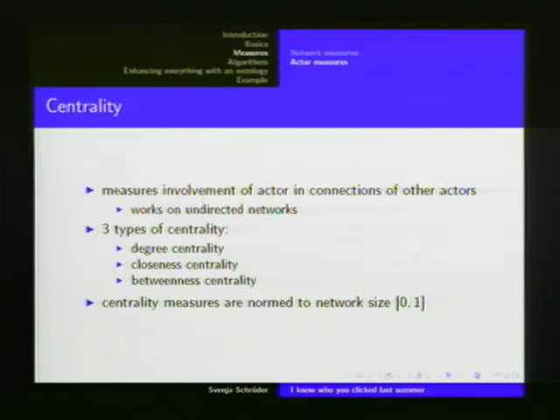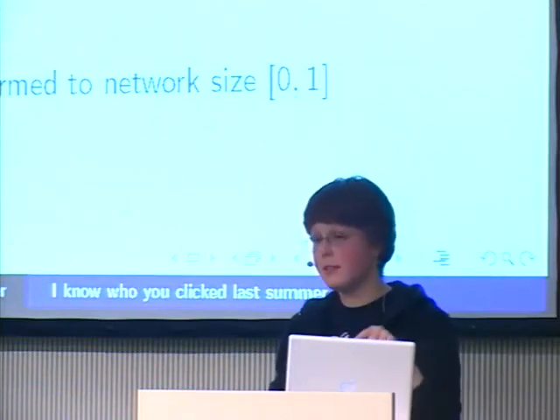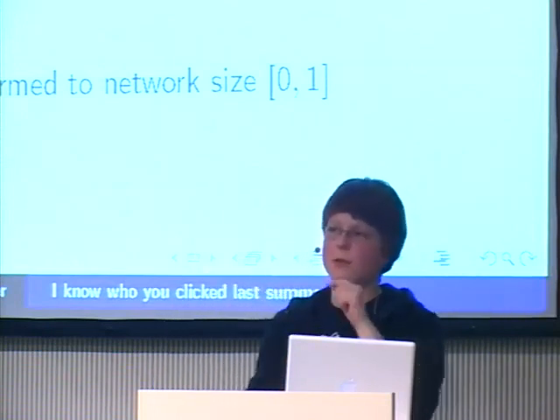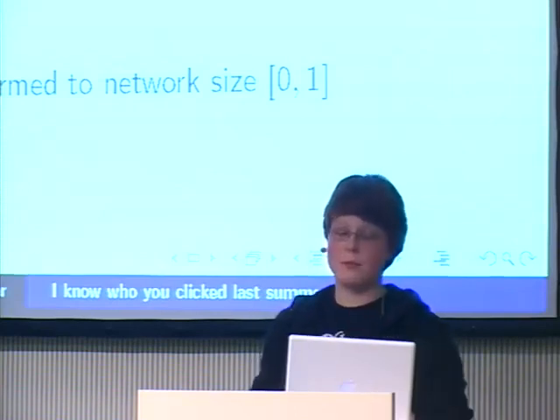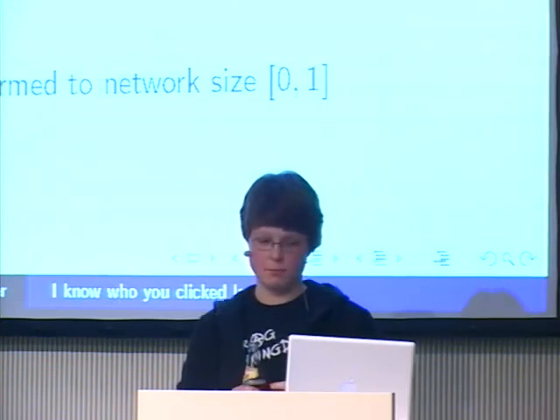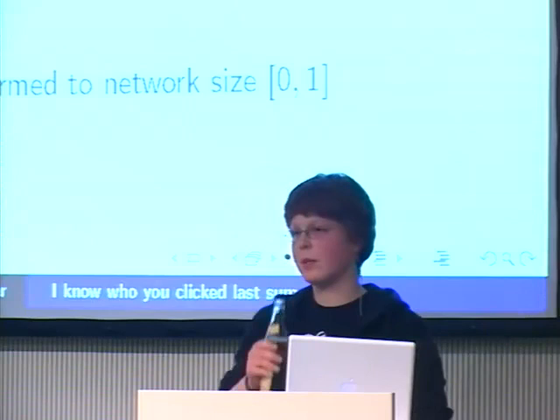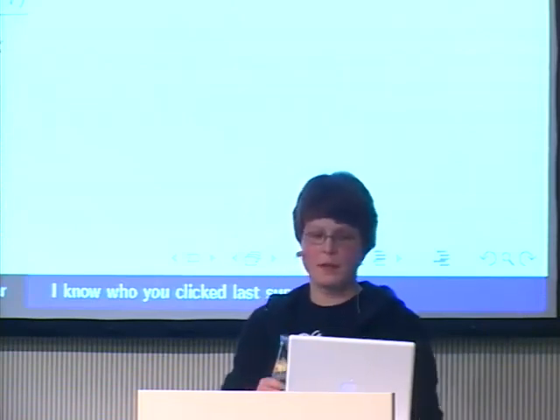If you look at all the paths to all other nodes in the network, then a node with only short paths, I mean the shortest paths, has a bigger centrality than those with only long distances. Most of the time, those centrality measures are normalized to network size, which means that you divide by the maximum number of paths or edges, depending on your measure.